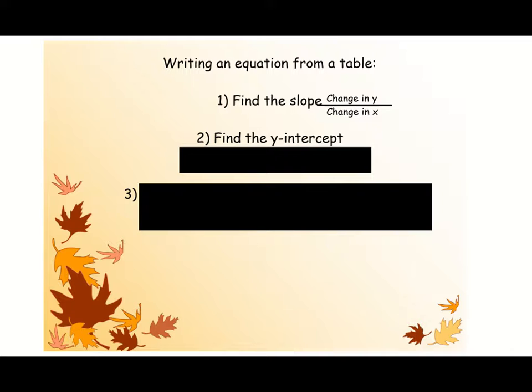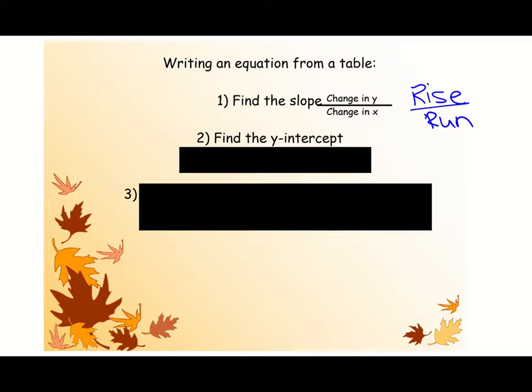This was the same thing when we were doing the rise over run. It's really figuring out the same thing. But when we're dealing with a table, it's usually listed as the x and the y. So we're going to be putting the change in the y values over the change in the x values. That is the first step.